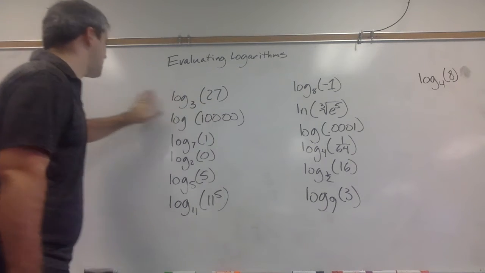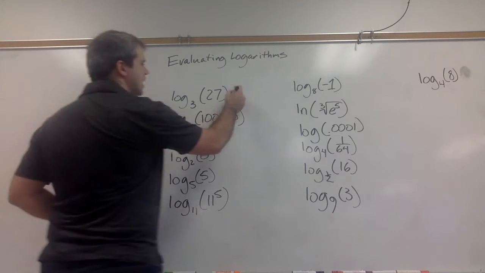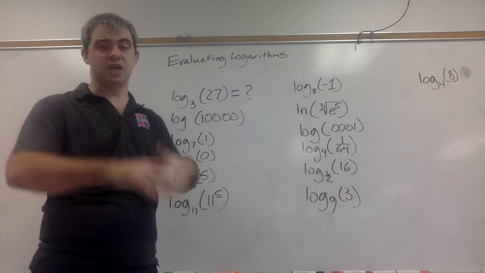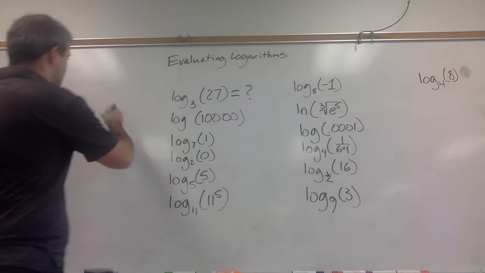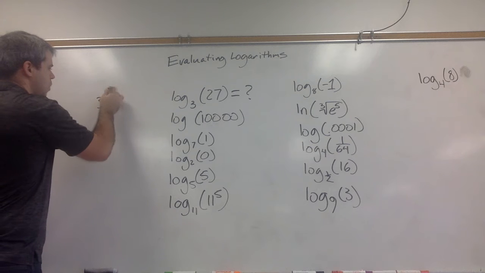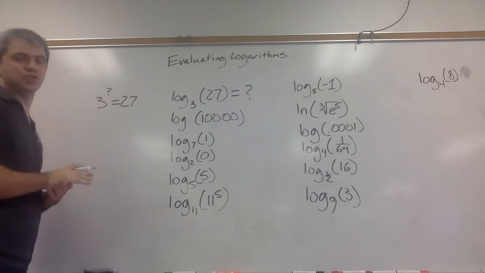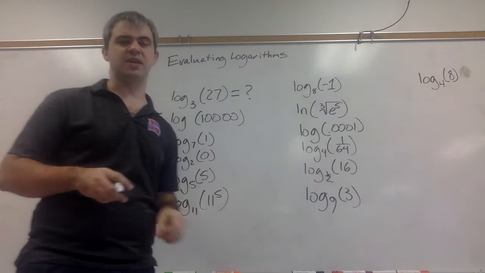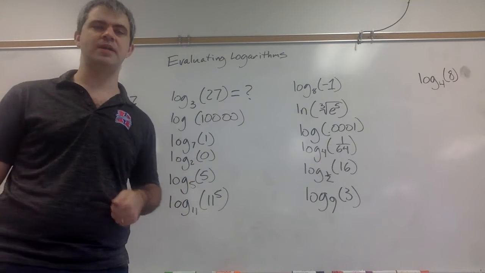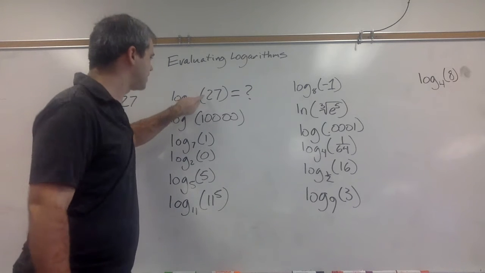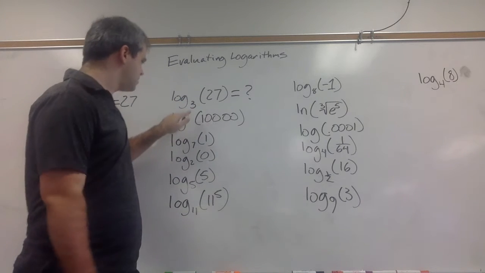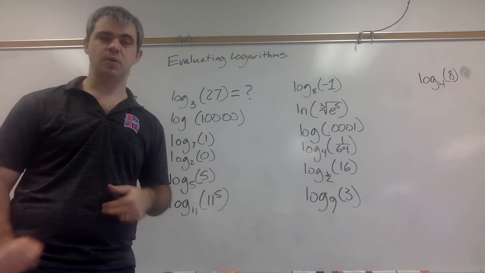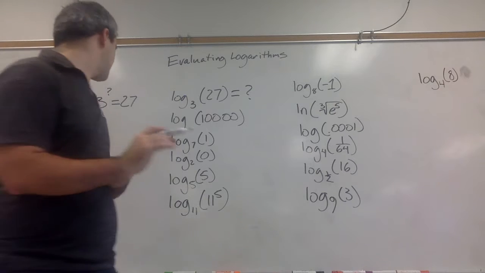So if I were to rewrite log base 3 of 27, this would be 3 to what power gives me 27. Basically, what all these logarithms are asking is, what exponent do I need? 3 to the what gives me 27. 10 to the what gives me 10,000. 7 to the what gives me 1. That's the question that we're asking.